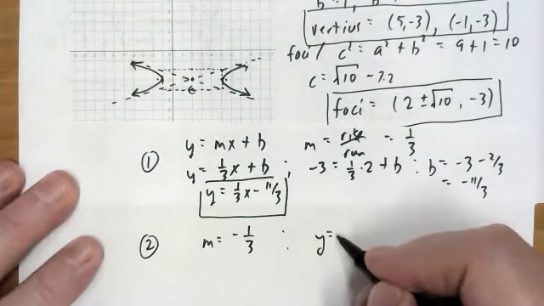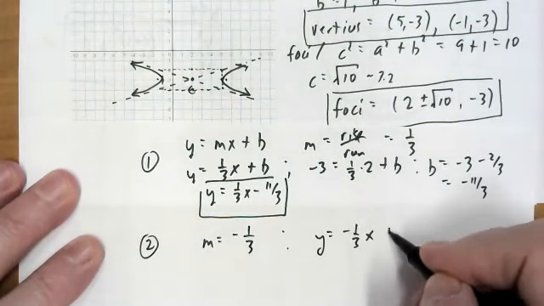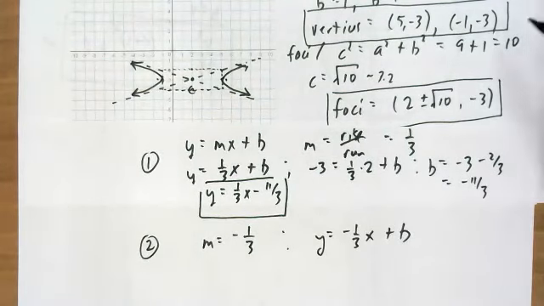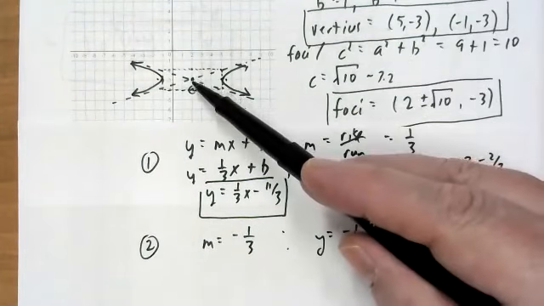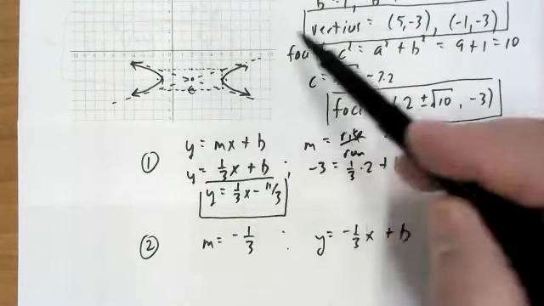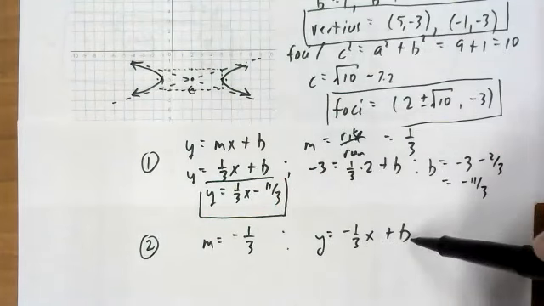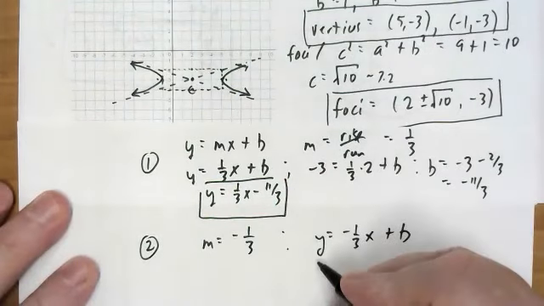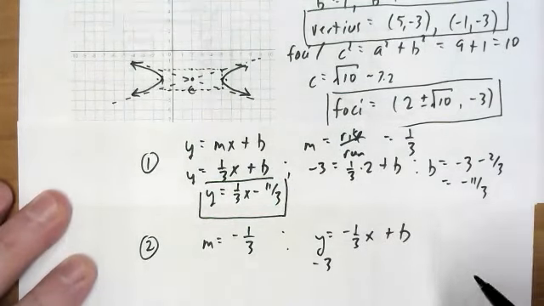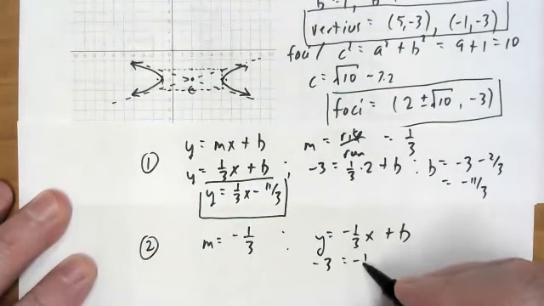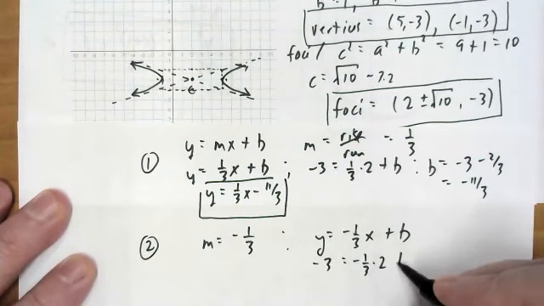So therefore, I do the same thing. If I plug in the center point, because the center point, you notice, is on both asymptotes, I plug in the center point here to find b. Plug in -3 for y, and x of 2.